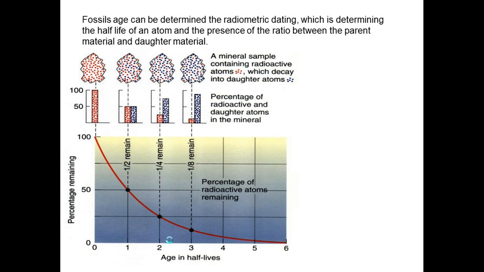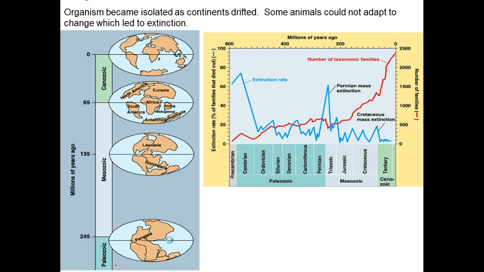So now you have half parental and half what you call daughter material. Then another 5,000 years, another half of that parental material decays. And then another 5,000, another half of that. So you can figure out the difference between the parental material and the daughter material, and see the ratio to figure out how old that fossil is.